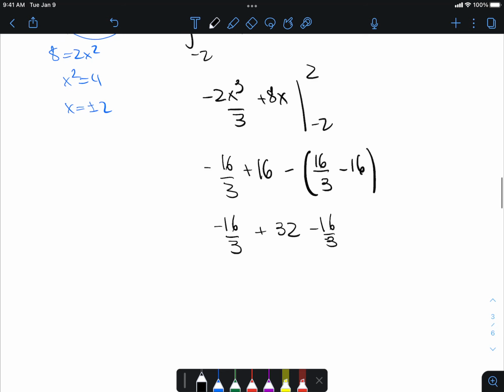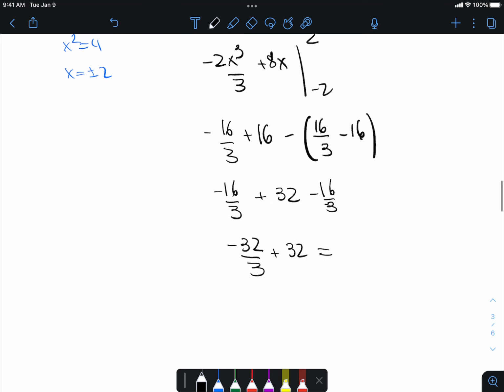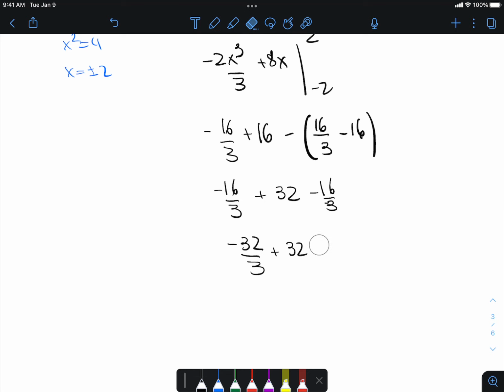So in fact, you have a minus 32 over 3 plus 32, and if you find a common denominator, multiplying this guy by 3 over 3, that will be 32 times 3, which is 96, minus 32, so 64 over 3 will be the answer.